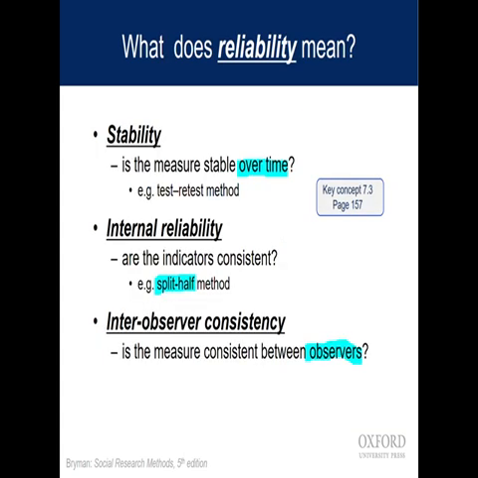Now, we've already talked about reliability in a previous chapter, and these authors have a tendency to hit a lot of themes again and again throughout the textbook, which sometimes irritates me. But sometimes there are additional topics that we want to pick up, so let me spend a minute on this.